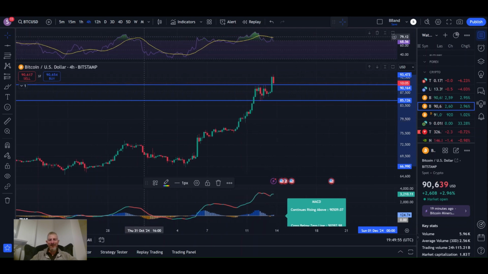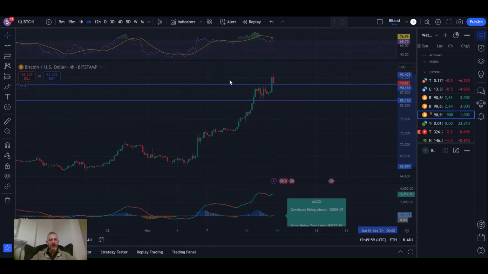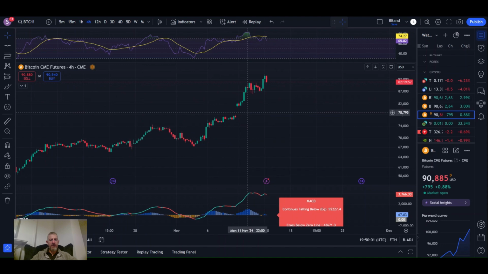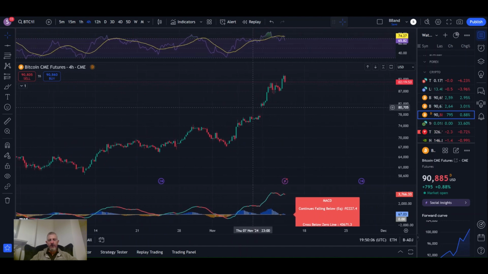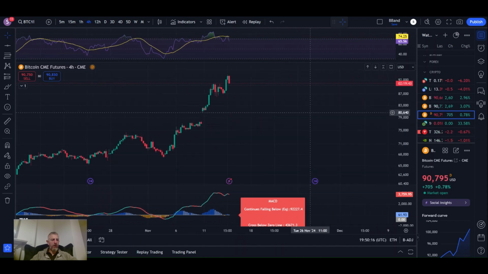Shameful, Simon. Now, weekly time frame over on CME. And here we are. There is this massive gap, which is kind of crying out to be filled. That's down towards 80. In fact, it's somewhere between 78 and 80. You know, it's not impossible. I'm still on the 4 hour here.